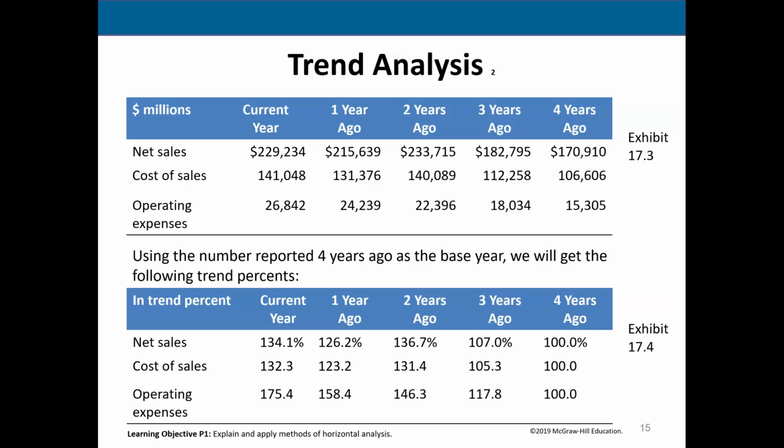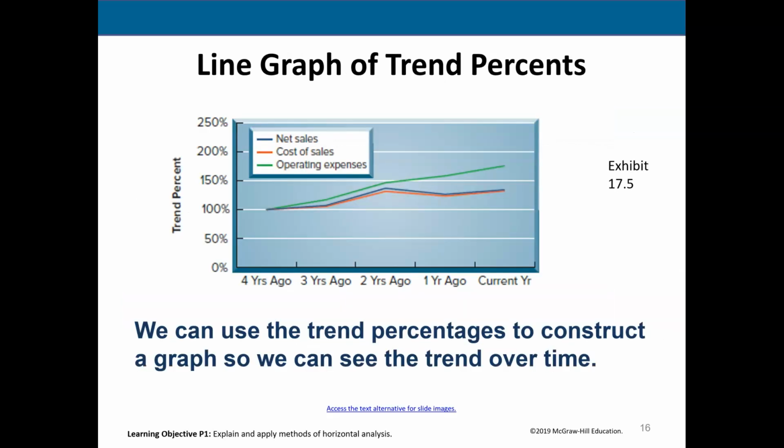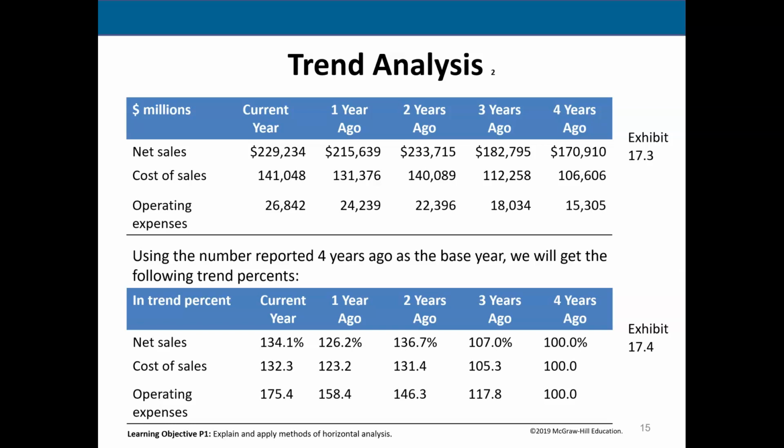Okay, so let's look at an example. We will start by looking at 4 years ago. Okay, so for net sales, 4 years ago was 170,910. This is going to be our base year.